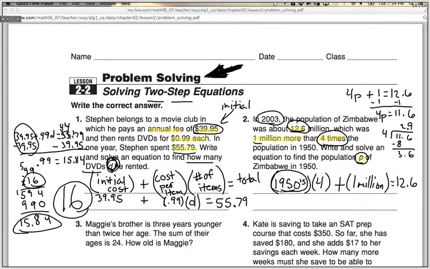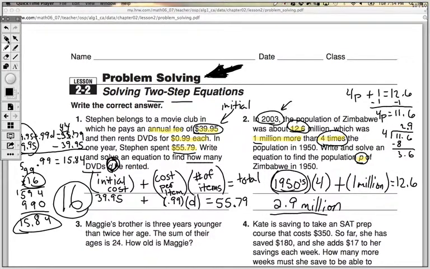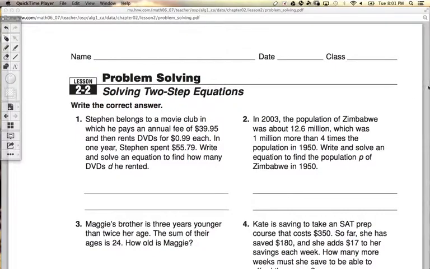So it went from 2.9 million, which is already huge, and then 4 times that was 11.6, and then added another million by the time we're in 2003. And that's like 10 years ago. Imagine now. That's crazy. Another 10 years, I bet there's even a few more million in there. All right, let's keep going here. Doing good work. Let's look at numbers 3 and 4.